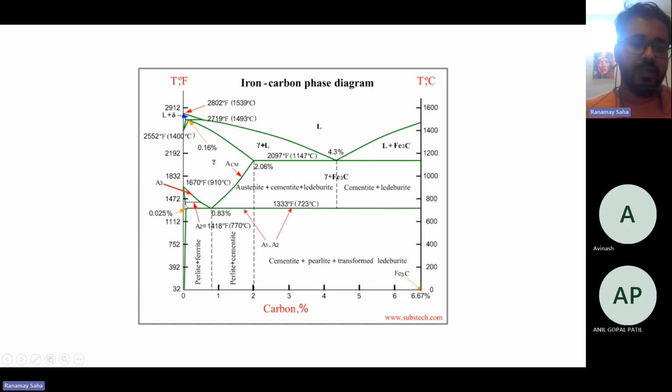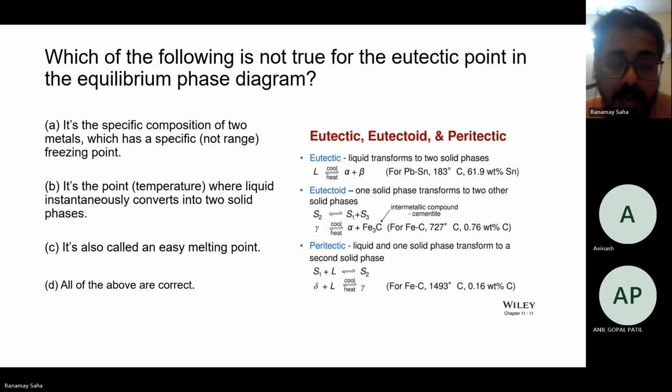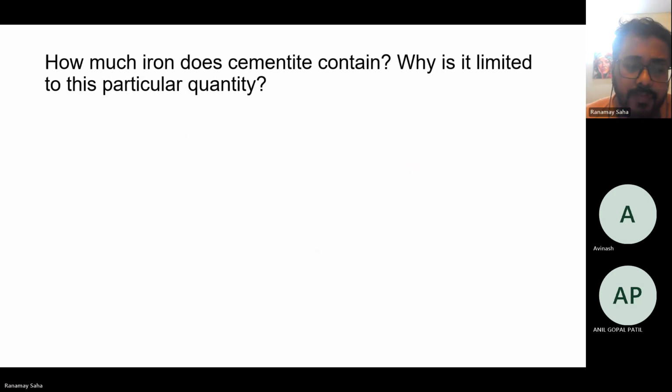This is called a eutectic point. If you look at the eutectic reaction in the iron carbon phase diagram, you can see that at 0.8% carbon composition, the pearlite microstructures are formed.